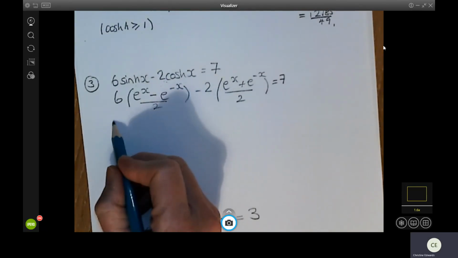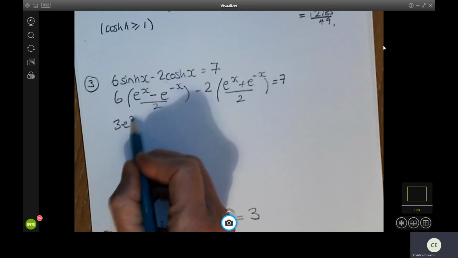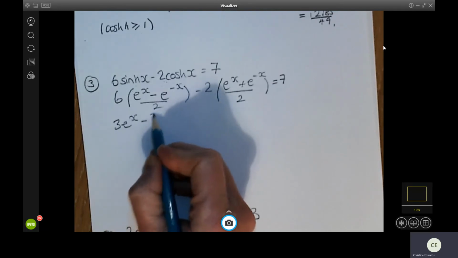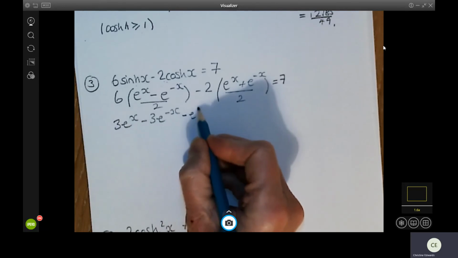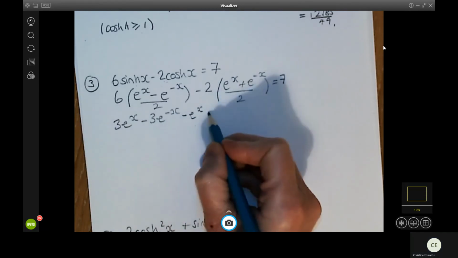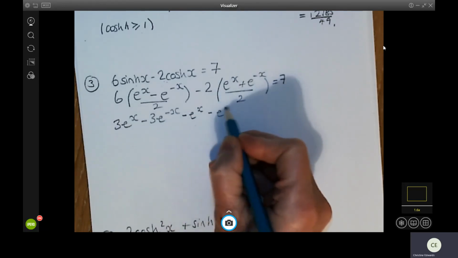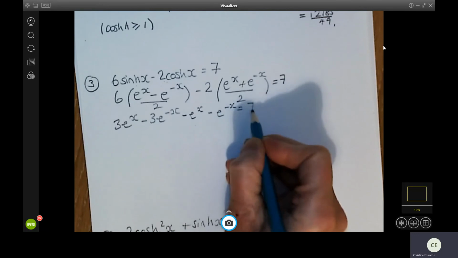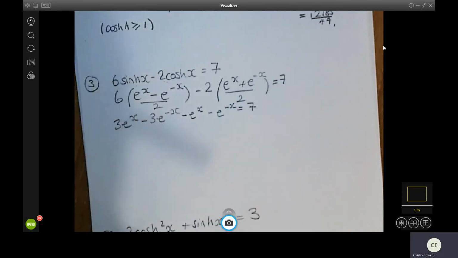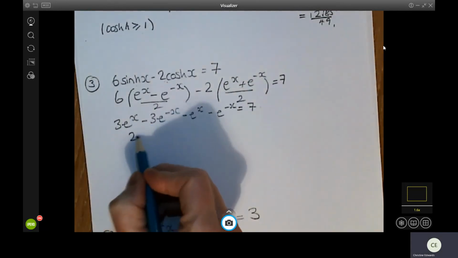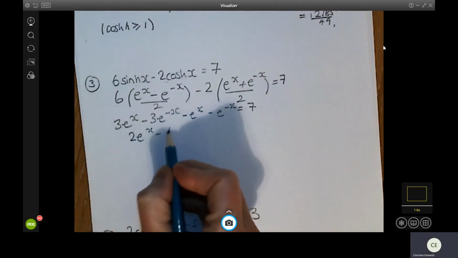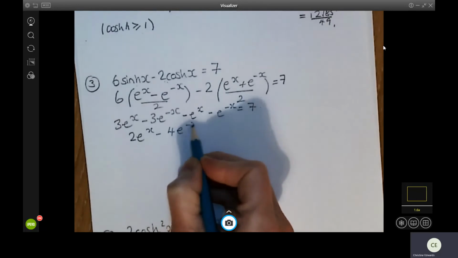That will give me 3e^x minus 3e^(-x) minus e^x minus e^(-x) equals 7. Collecting like terms, I will get 2e^x minus 4e^(-x) equals 7.